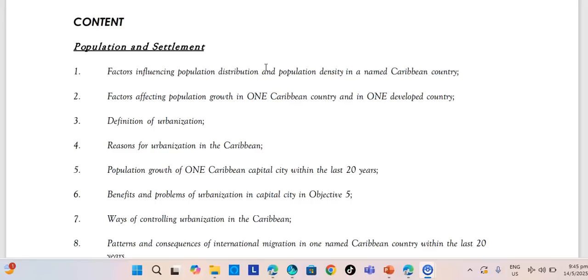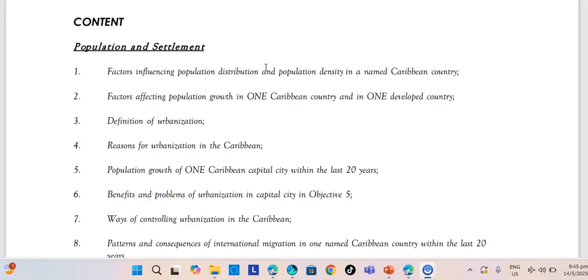Yes, we'll have fewer people living in mountainous areas because it's hard to build and farm there. And sometimes it's hard to build roads in those areas. It's also hard for electricity companies to go in those areas and ensure that residents have electricity.